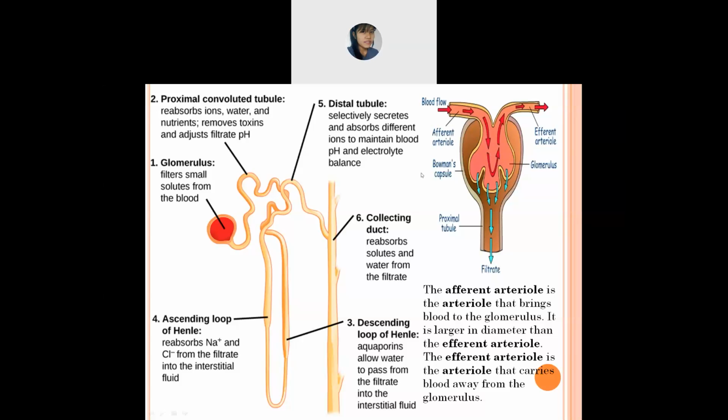About one fifth of the filtered blood will go towards the efferent arteriole, and whatever was left out will go into the proximal tubule. All the filtrate part, whatever was not filtered, will go towards the proximal convoluted tubule. So this thing will happen here.